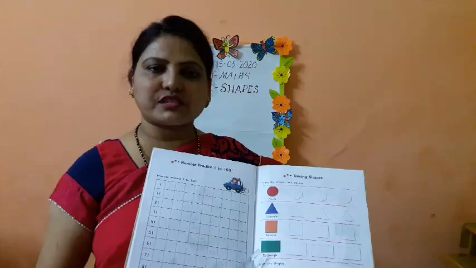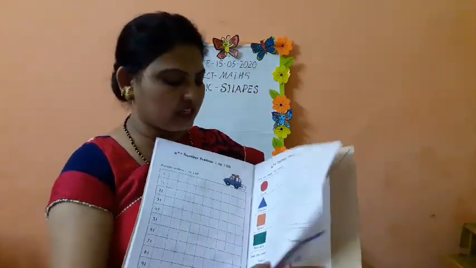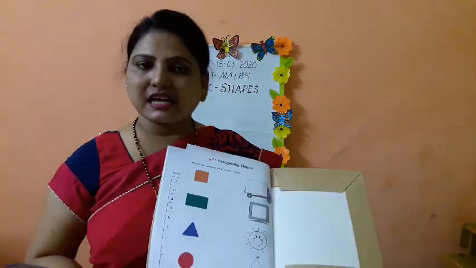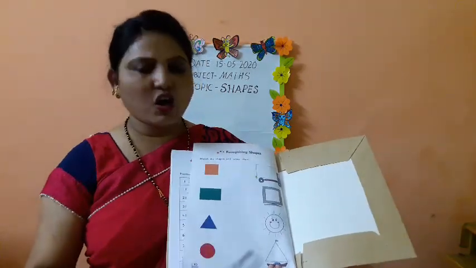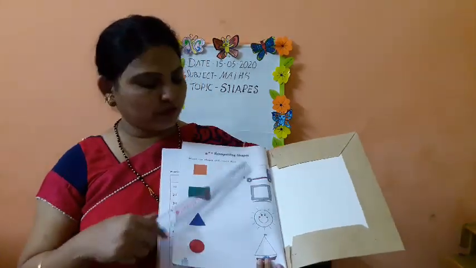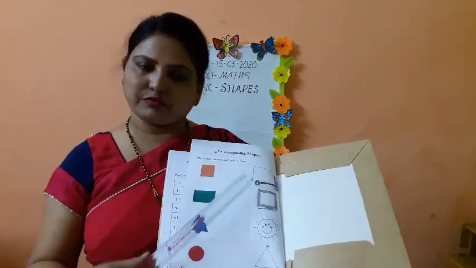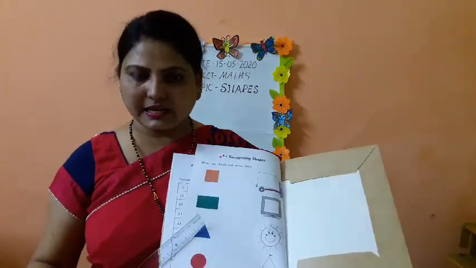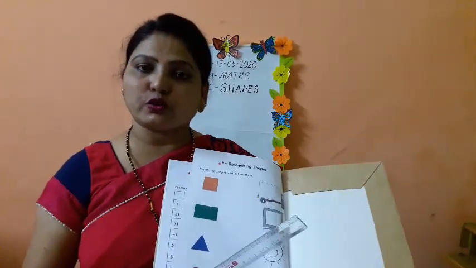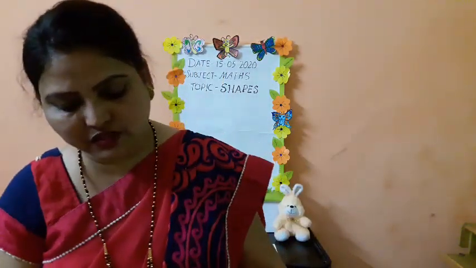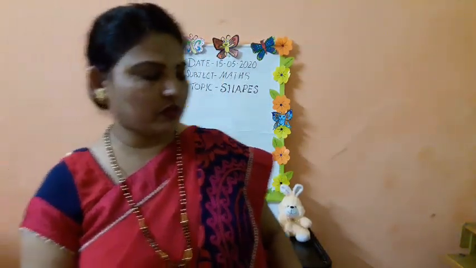Now children, you have seen this, and after this there is one exercise with objects. Later we will do this exercise, but before that I want to show you objects. We have learned these shapes and I will show you with the objects. What is this?